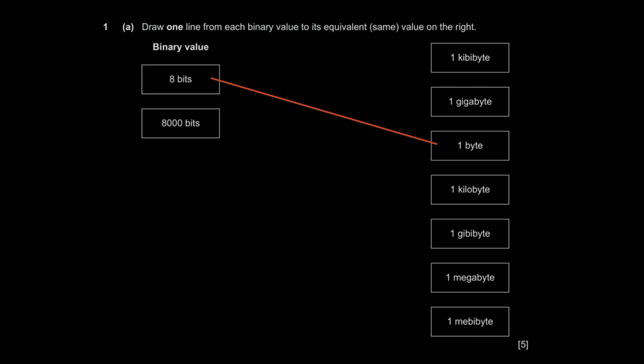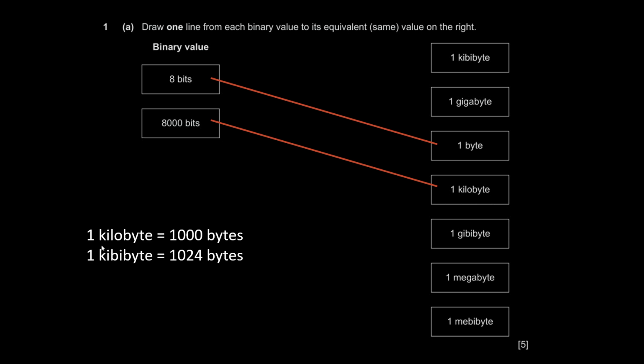Well, 8,000 bits, if you divide it by 8, is 1,000 bytes. When we say 1,000 bytes, it is using the kilobyte notation. So we said earlier, 1 kilobyte is equal to 1,000 bytes, and 1 kibibyte is equal to 1024 bytes. So for the question here, 1,000 bytes should be 1 kilobyte.